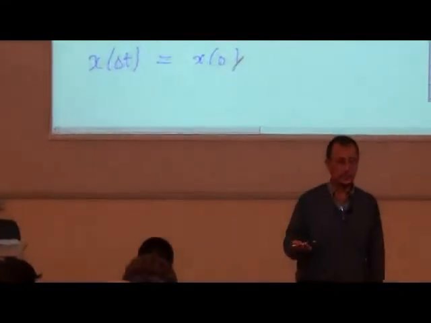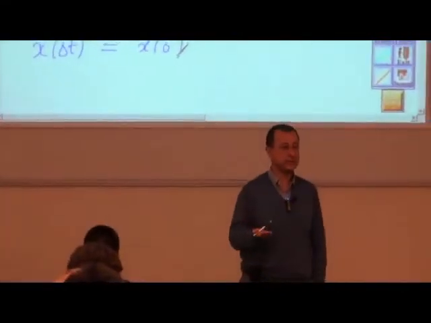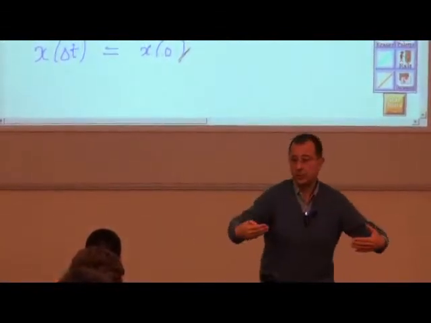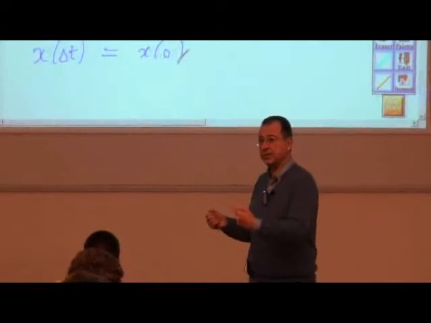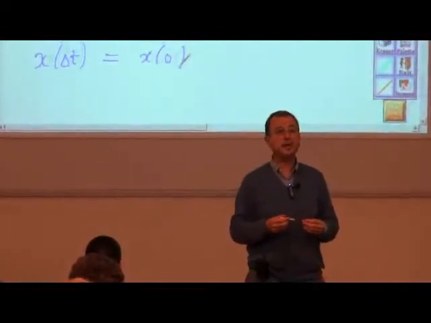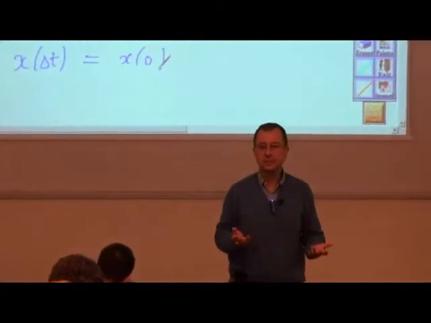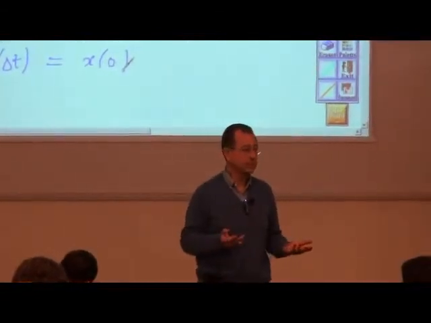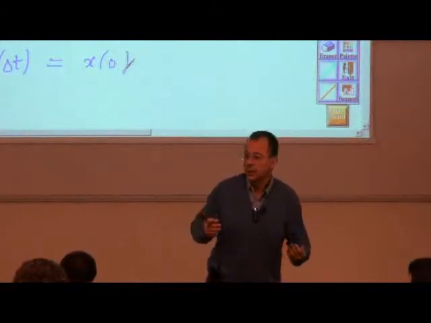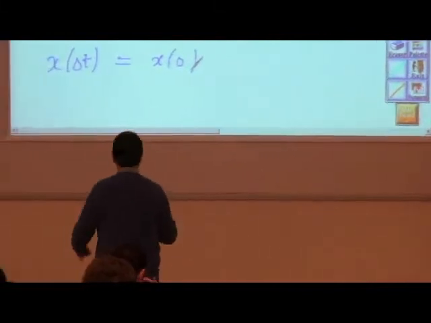Okay? So the new position equals the old position plus how much it went, the distance gone, in the next moment, delta t. From 0 to delta t.